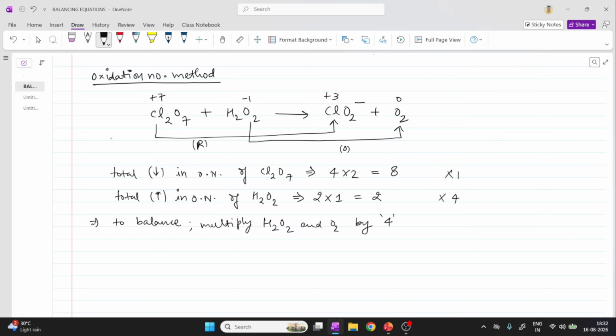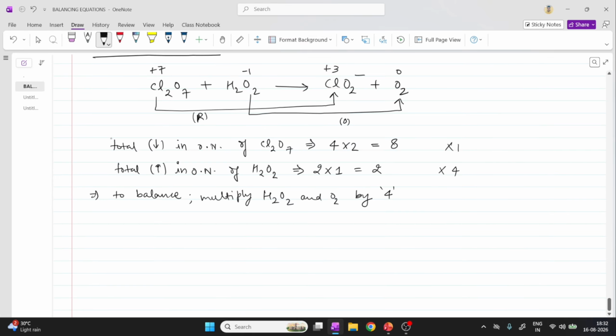If you multiply Cl2O7 and ClO2 minus by 1, it doesn't make any changes because multiplying by 1 gives the same result.